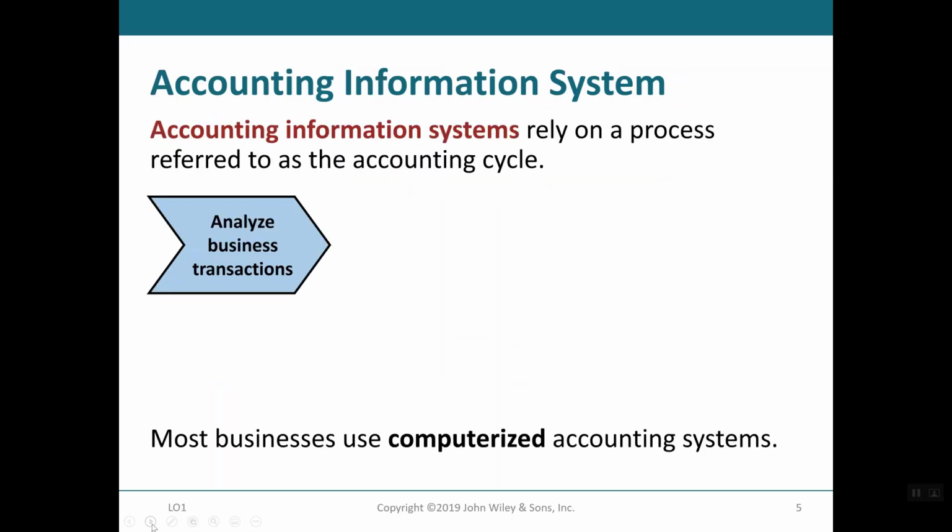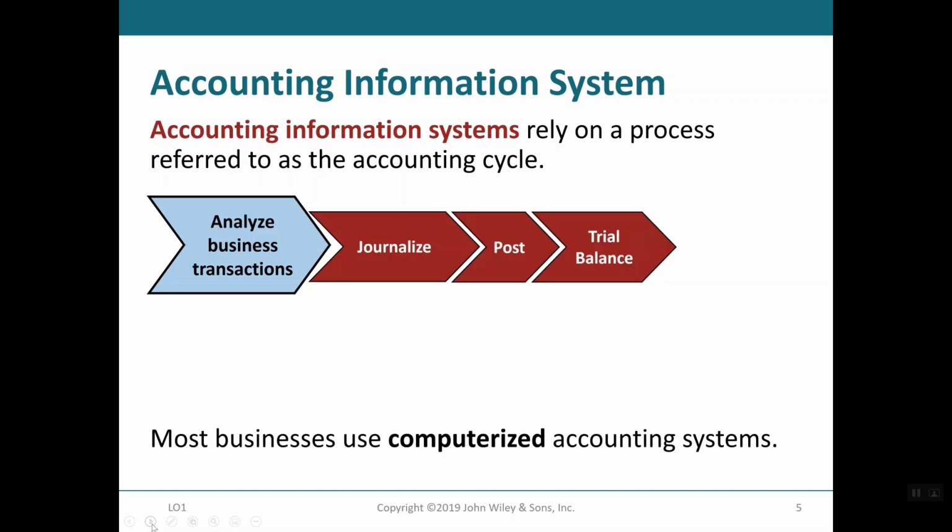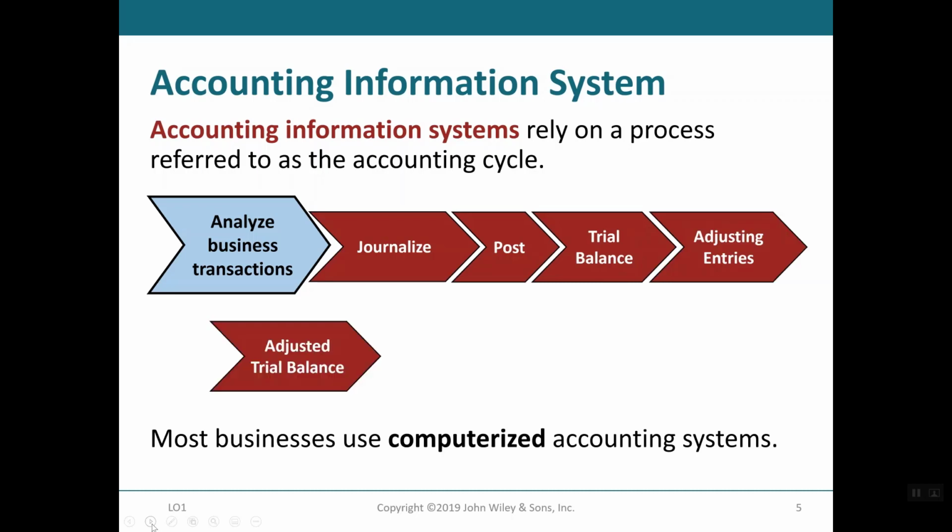The accounting information system relies on a process referred to as the accounting cycle, and we have 9 steps. It begins with analyzing the business transactions. Then we do journalizing, and then we post. We have the trial balance, adjusting entries, and the adjusted trial balance.